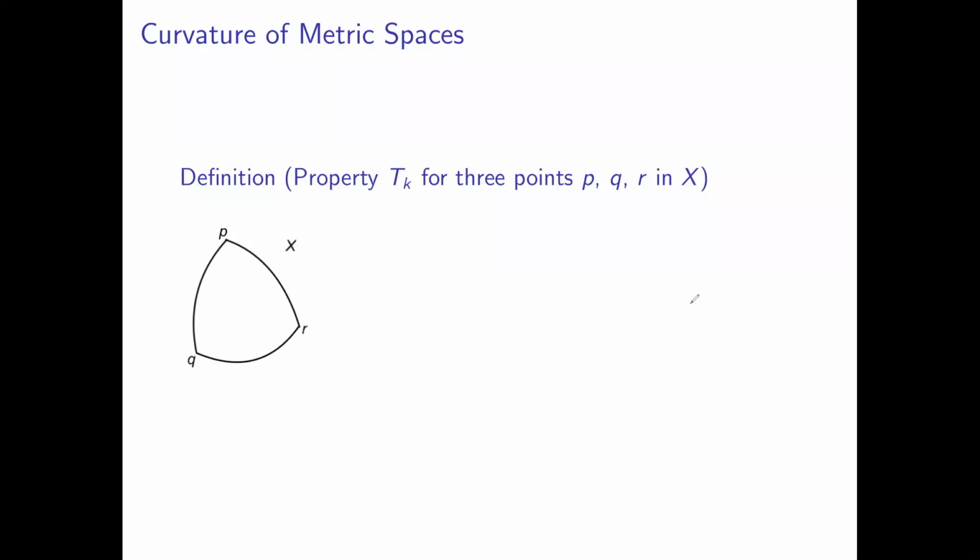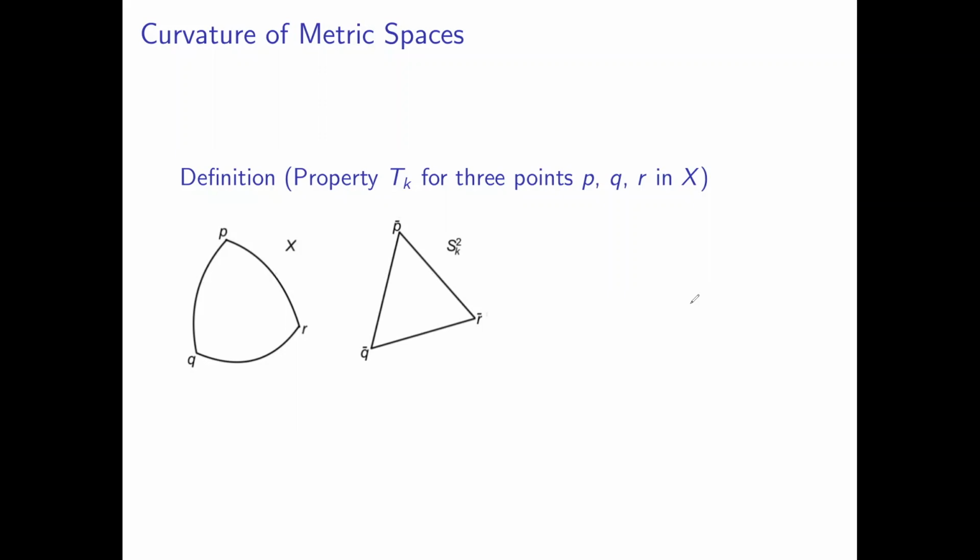I'll draw a picture. Here you have a geodesic triangle in your geodesic space. You have 3 points and the sides, and then you have a comparison triangle in the model space. So you have P bar, Q bar, R bar. Right, so this is a comparison triangle. This is just a picture that I drew before.